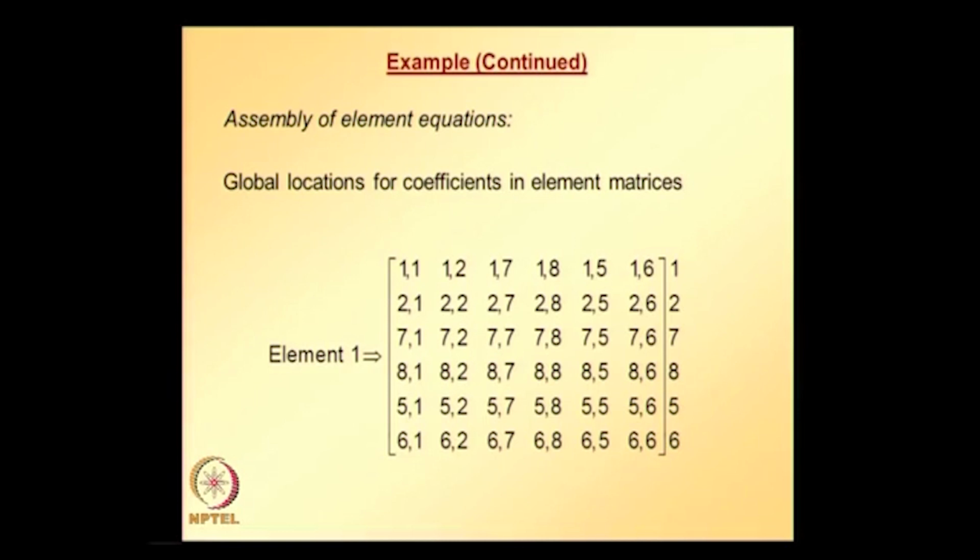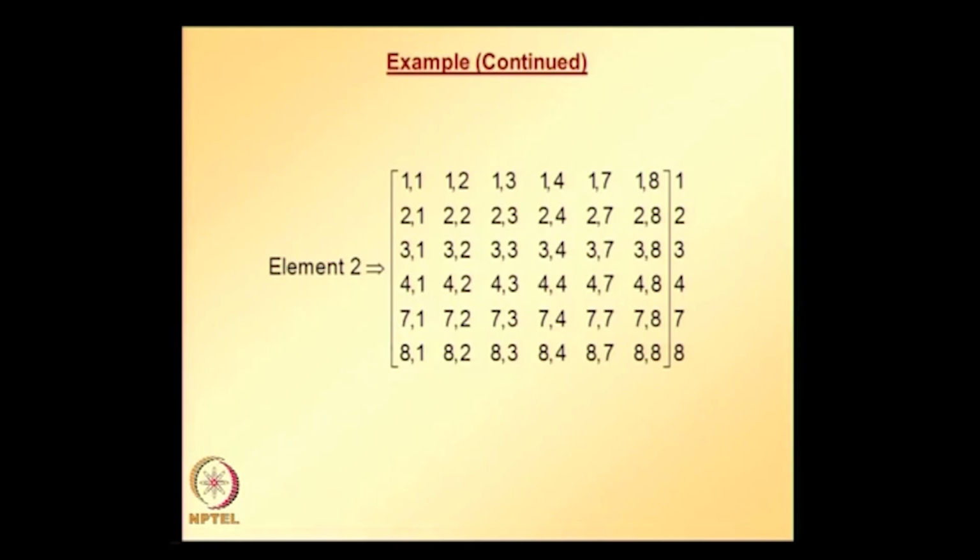So element 1 contribution goes into 1, 2, 7, 8, 5, 6 rows and columns, and the locations are given in the matrix. Element 2 contribution goes into 1, 2, 3, 4, 7, 8 rows and columns, and the corresponding global locations are also given in the matrix. So with this information we can easily assemble the final global equation system.